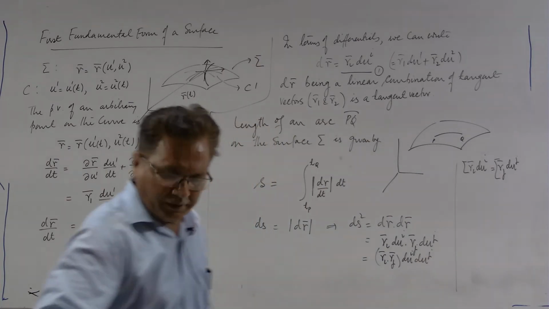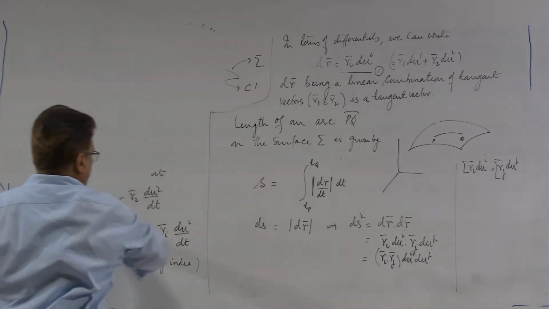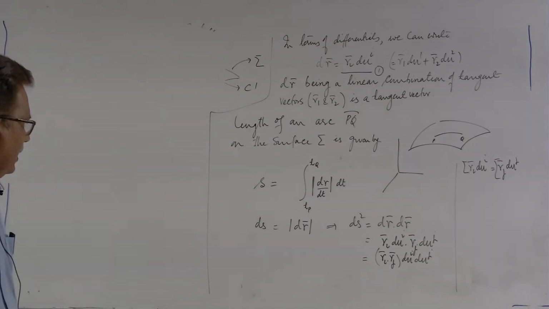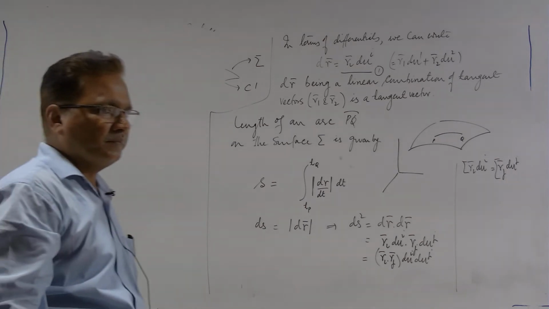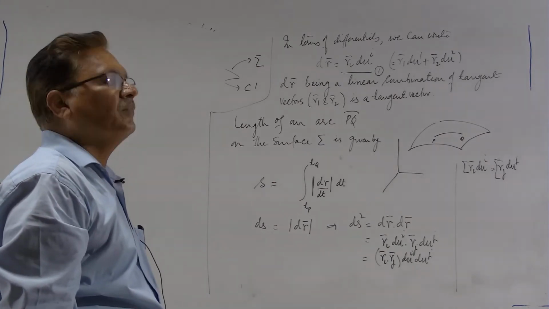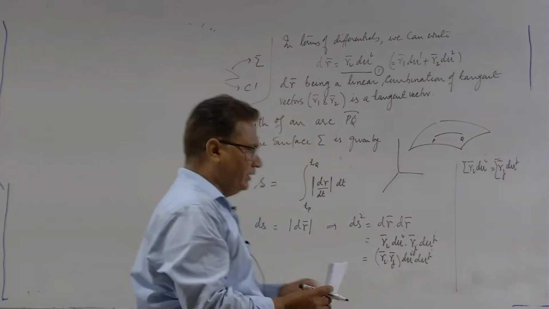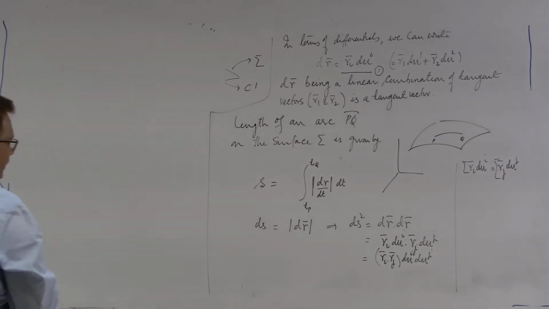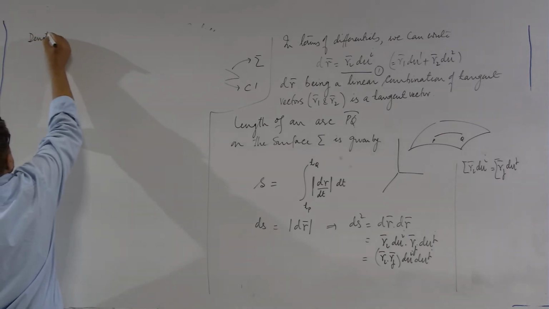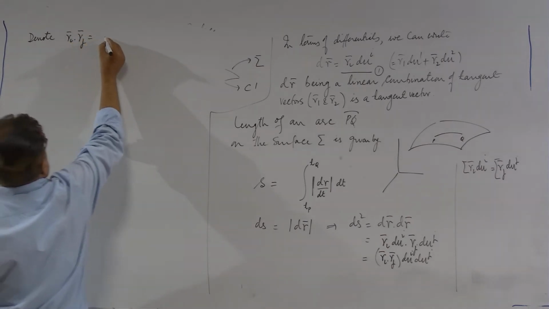That is why I put Rj over here, so that confusion does not arise. So now denote the dot product of Ri and Rj by the symbol Gij.